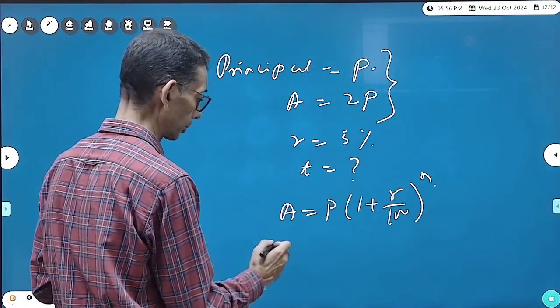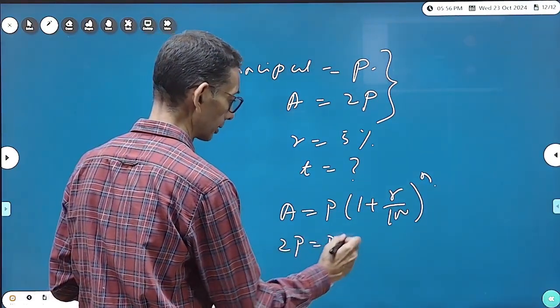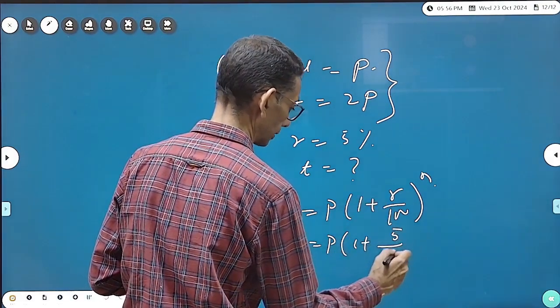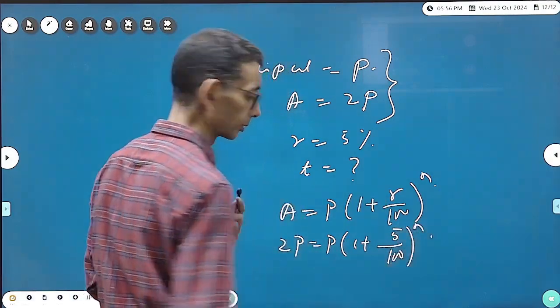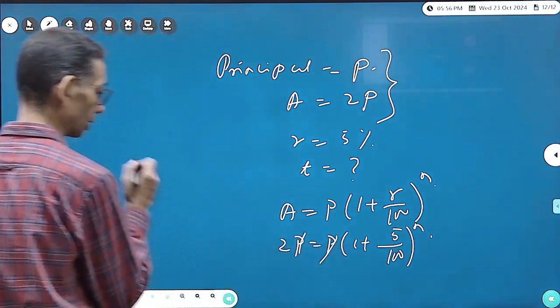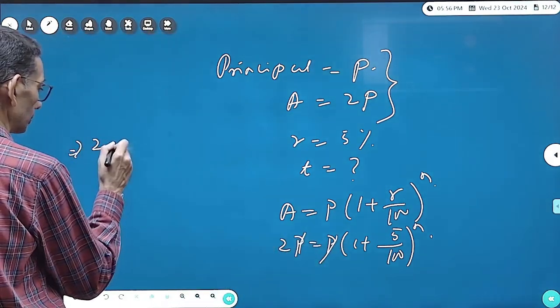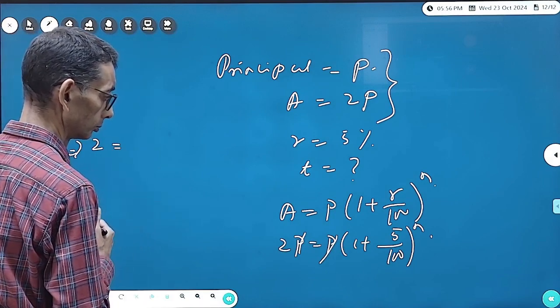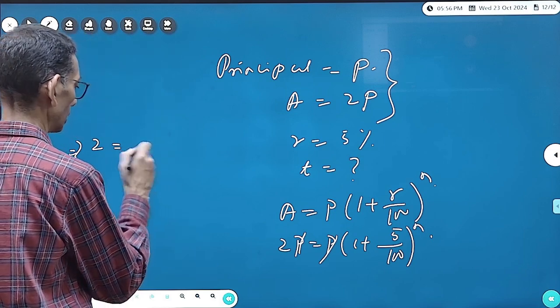Amount 2P is equal to P (1 + 5/100) whole to the power n. P and P cancel, so 2 is equal to the remaining expression.